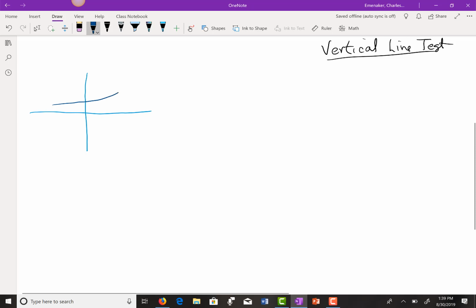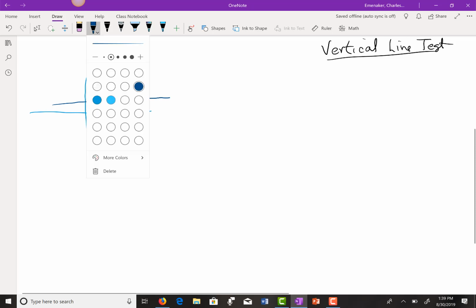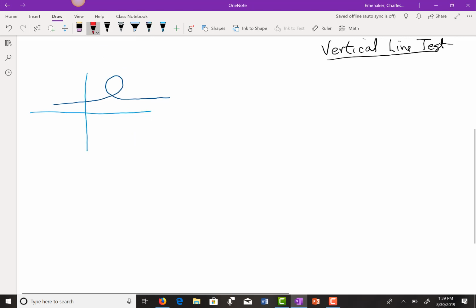Okay, let's think about something like the vortex for a minute. It's kind of slow, it's kind of boring, but it's okay. Does that graph represent a function or not a function? Well, the thing that might be slowing you down is at some spots over here, it only intersects the graph once, doesn't it? So that qualifies as a function.